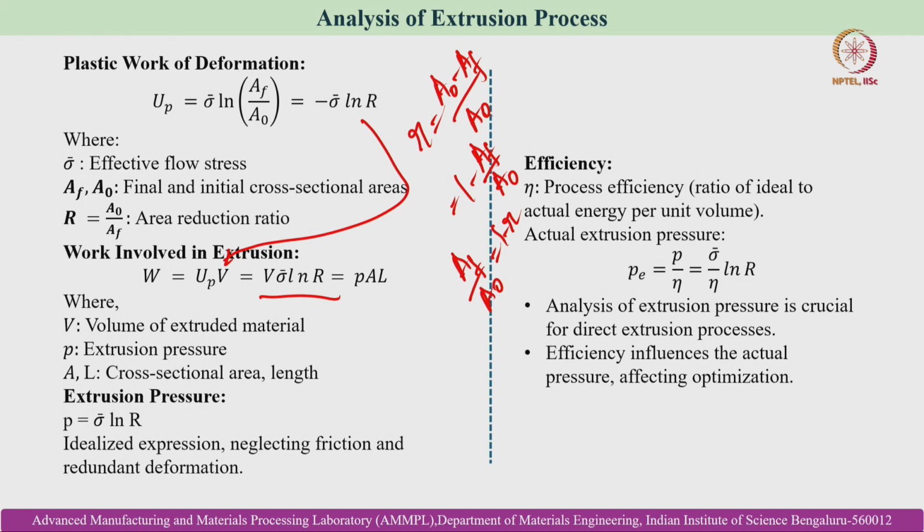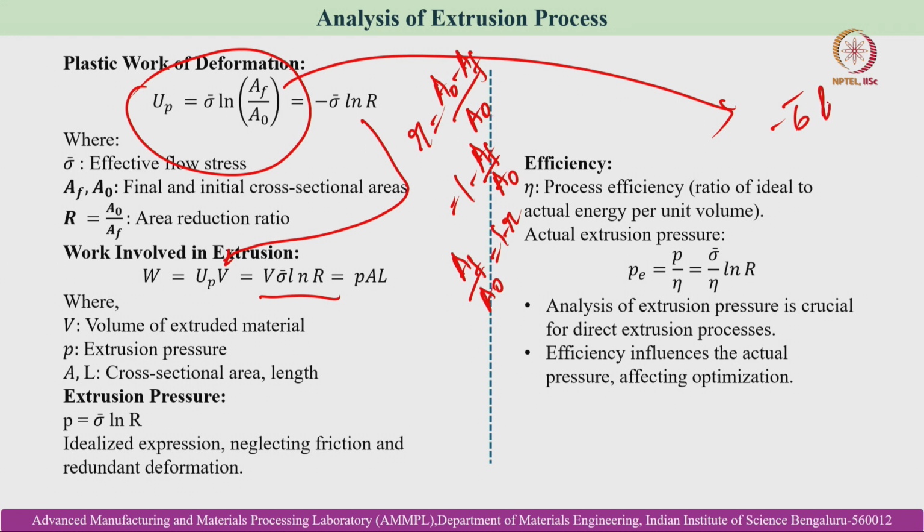Here R is equal to A0 by AF, that is initial area by final area. But we are getting the expression of UP as sigma prime ln AF by A0. If we change it in form, it becomes minus sigma bar ln A0 by AF, which you can express in terms of the extrusion ratio as sigma bar ln R. So, this is the expression for UP.